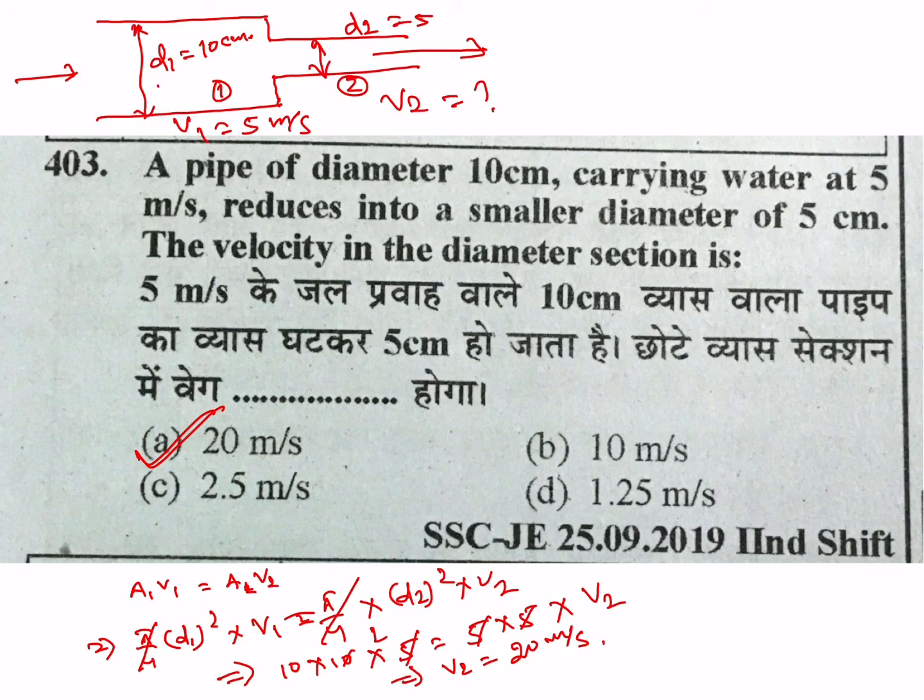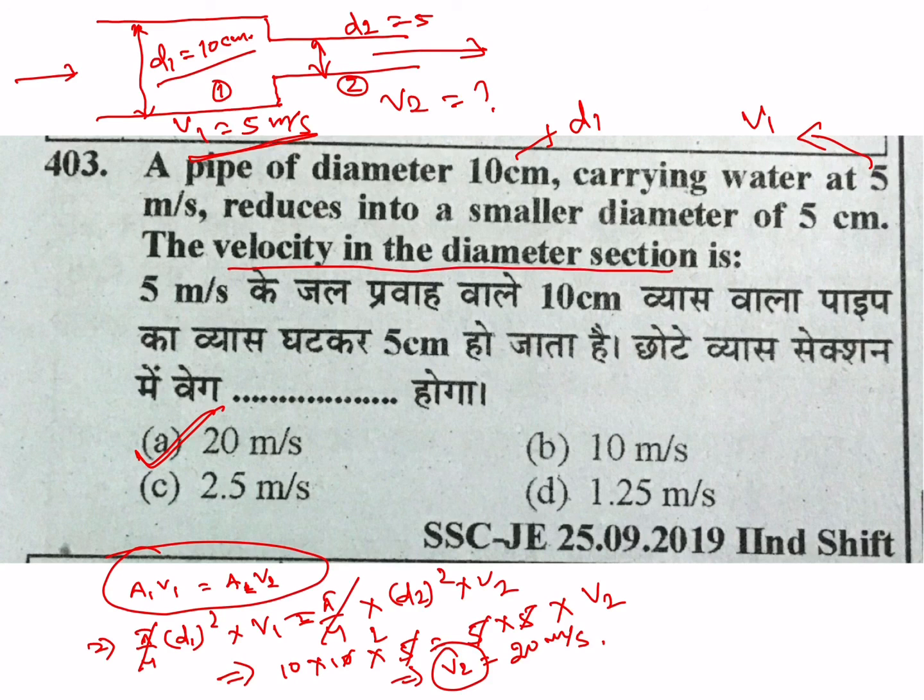You have to apply only the continuity equation, A1 V1 equal to A2 V2. Then you will get v2. Just apply the continuity equation, you will get your answer: 20 meter per second. A is your correct answer.